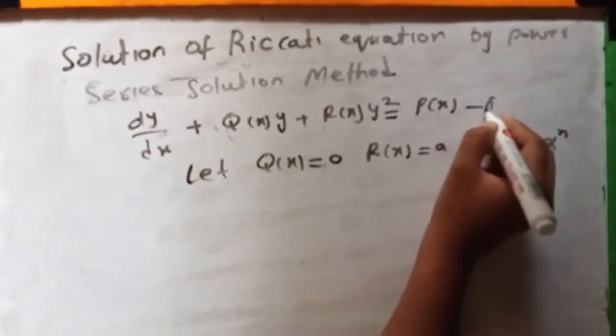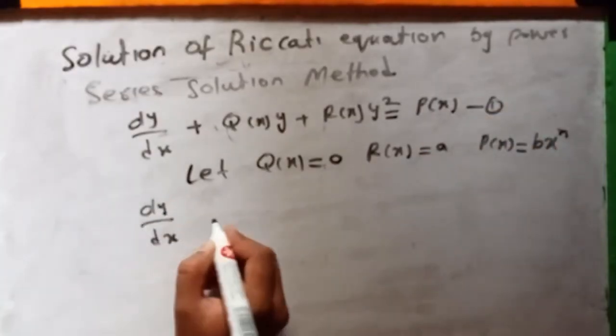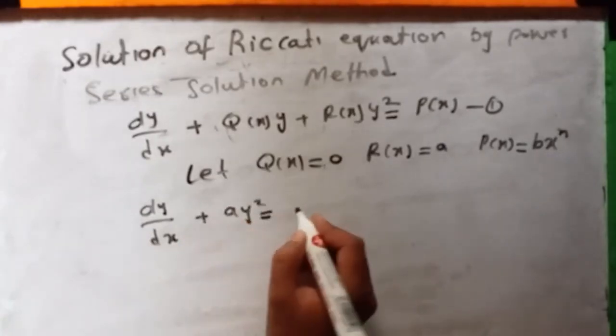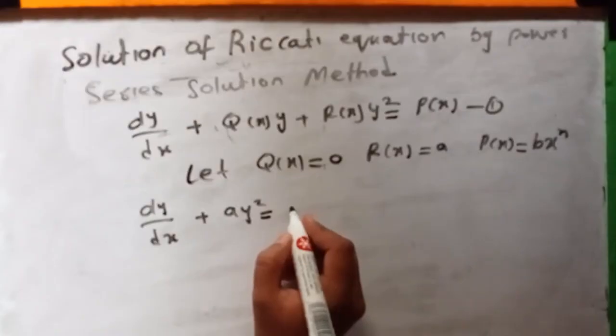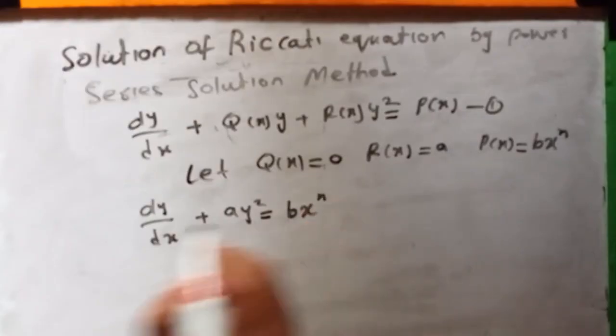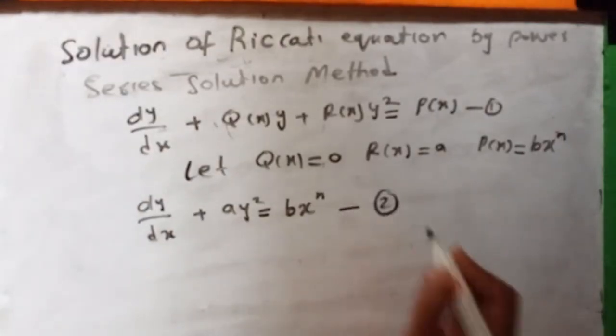Then equation 1 becomes dy over dx plus a y square is equal to b x raised to power n. This is equation number 2.